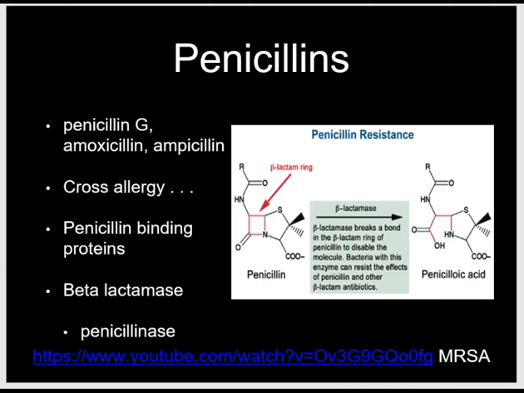So this picture here I put in because it shows your beta-lactam ring, and it shows how the beta-lactamase, which is that enzyme, breaks the bond in the ring, so that makes the penicillin into a different molecule, and it's not functioning anymore against the bacteria. So then it makes the bacteria resistant to penicillin.